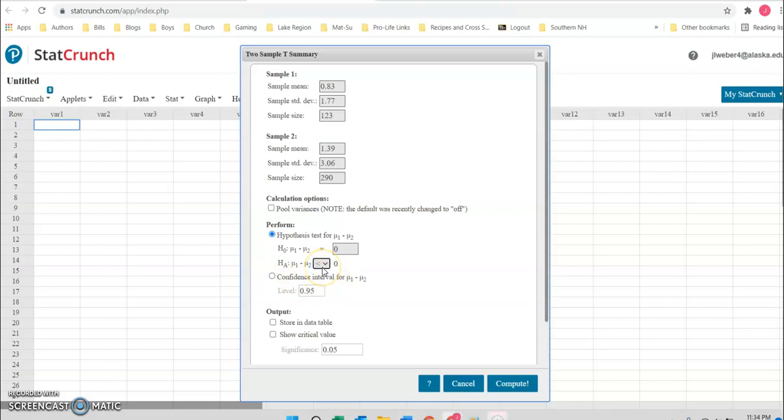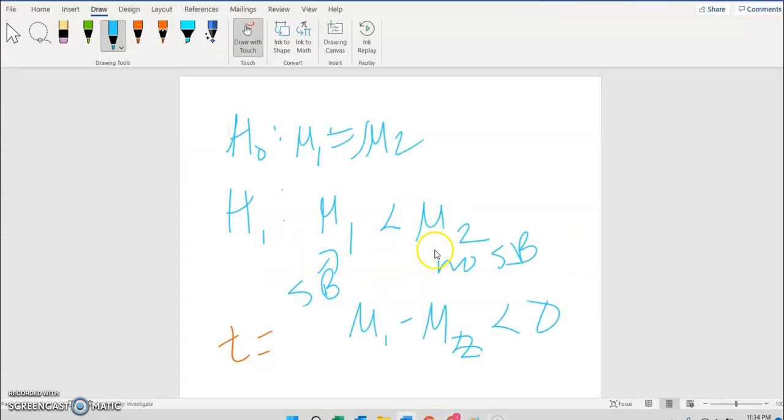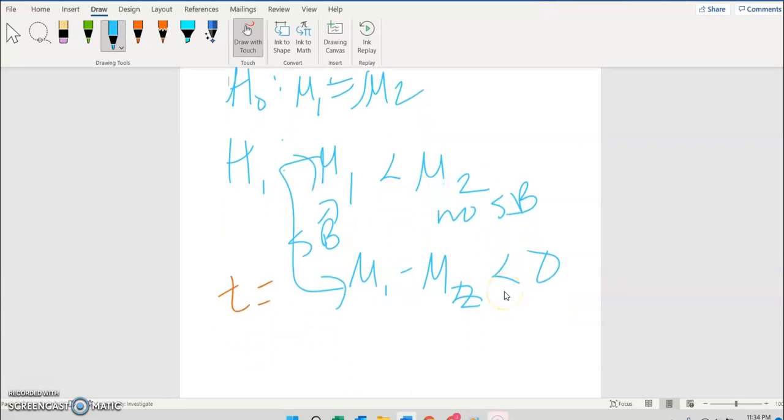So you can see that matches the direction, but they're just doing it a little bit different. So these two are the same thing. Whereas if I did mu1 is greater than mu2, then you can see here that I would end up going the other way here. So mu1 minus mu2, and then that way I'd have it the opposite.